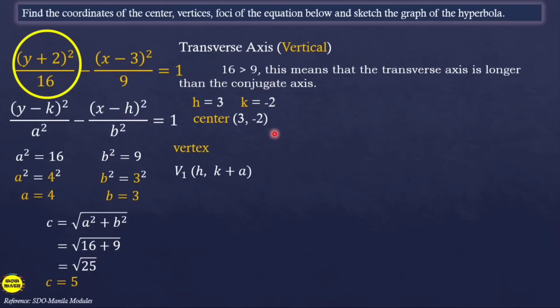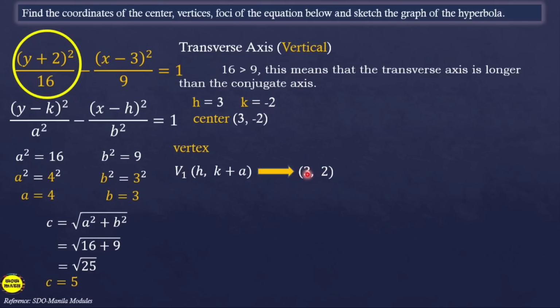Next, kunin natin yung vertex. So, susundan lang natin ito para makuha natin yung coordinate ng vertex natin. Sa V sub 1, H, that is 3. So, substitute lang natin. And then, yung K natin is negative 2 plus A. So, ano yung value ng A natin? 4. So, negative 2 plus 4, the answer is 2.